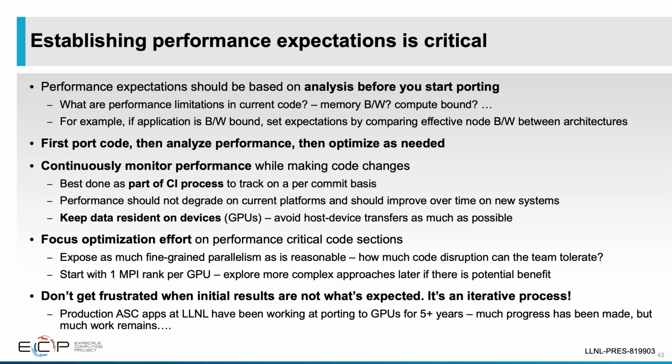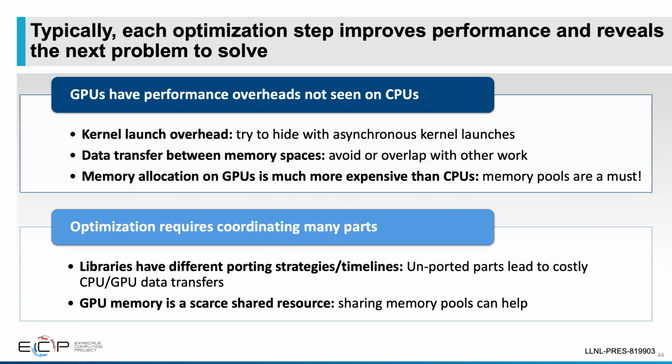Programming on these GPUs also has considerations that are typically not seen on CPUs. For example, GPUs have kernel launch overhead. There's also the fact that there are different memory spaces now, host and device memory, right? So there needs to be an appropriate strategy to move the data accordingly.